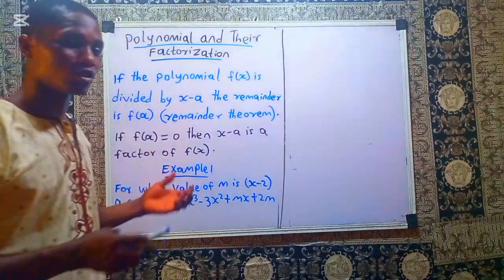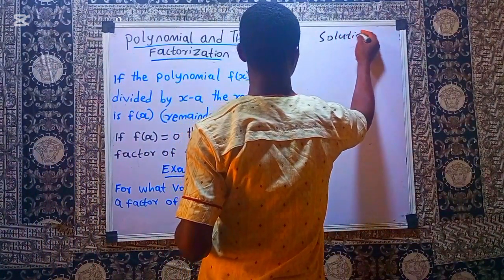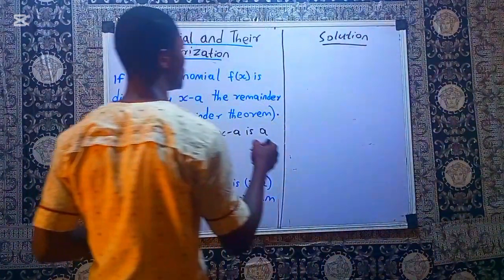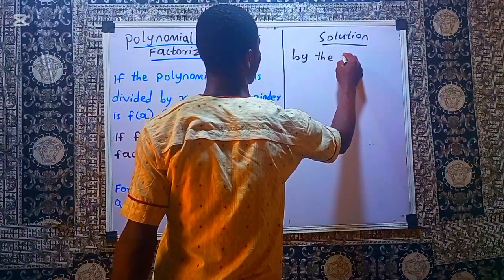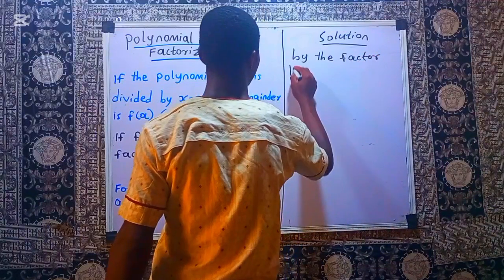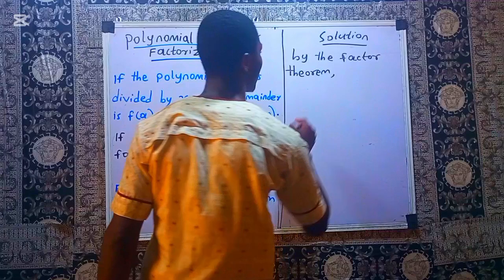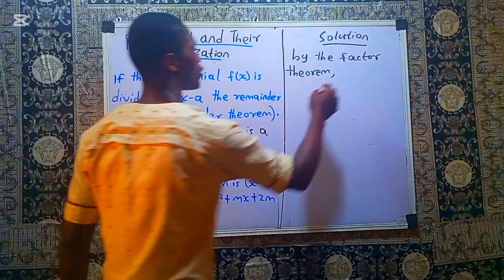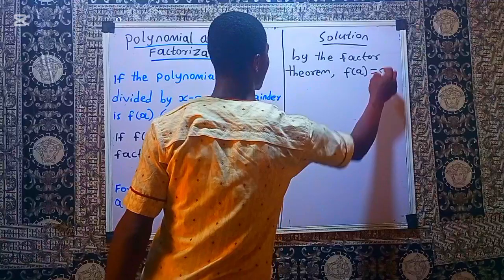use the factor theorem. By the factor theorem, we are going to have that f of a is equal to 0.